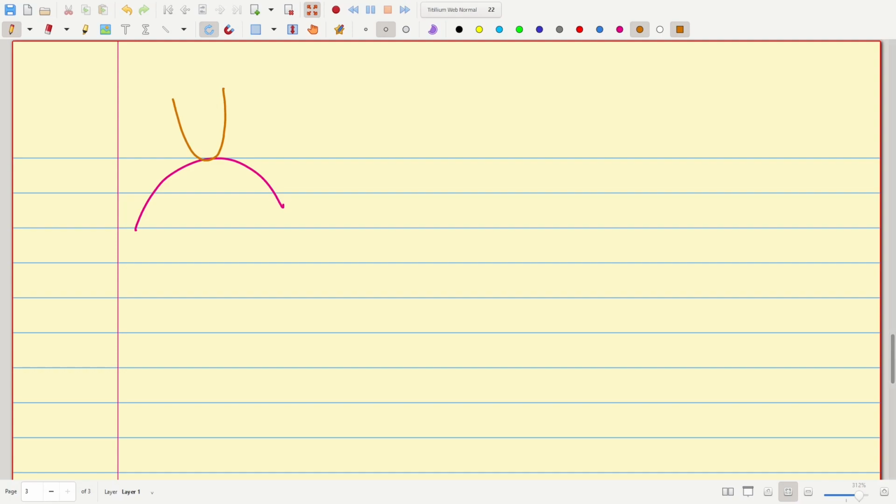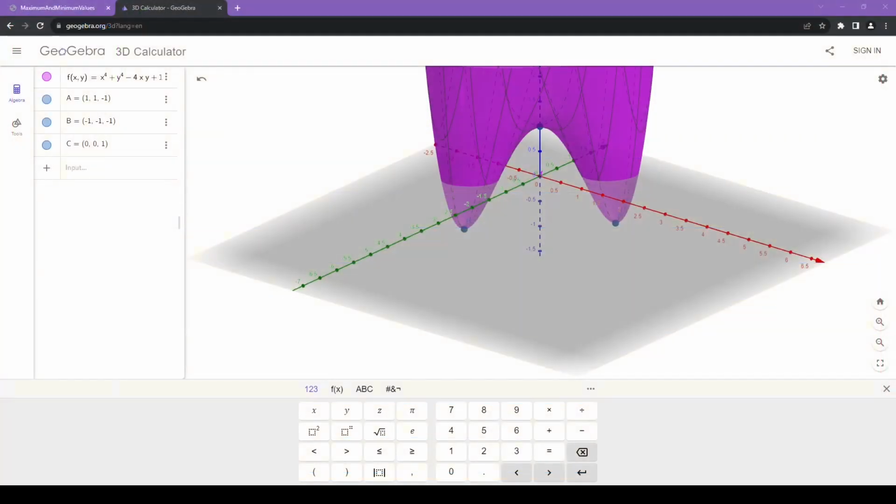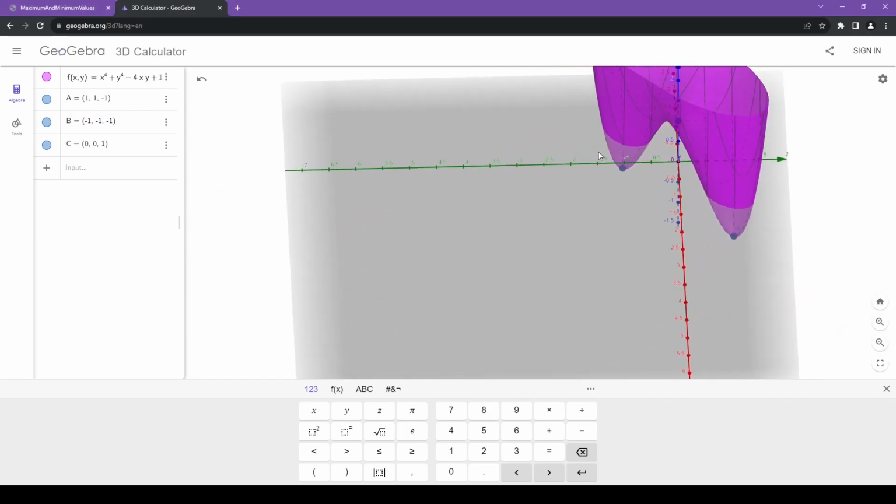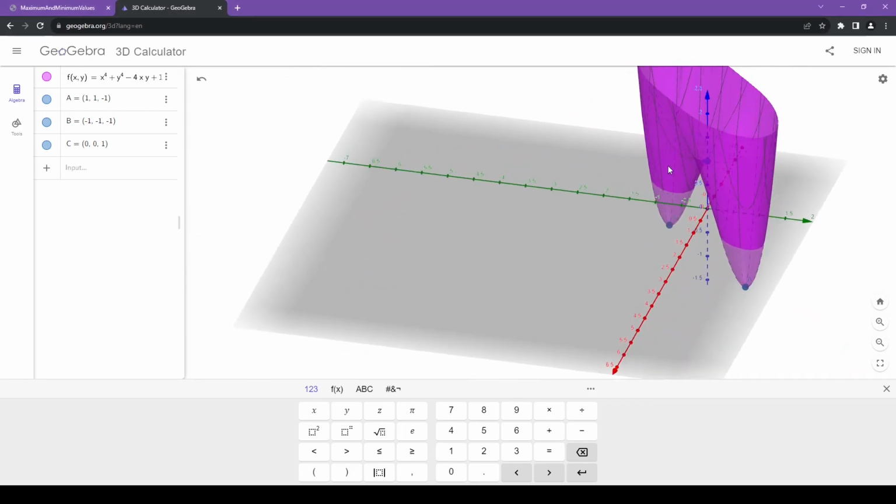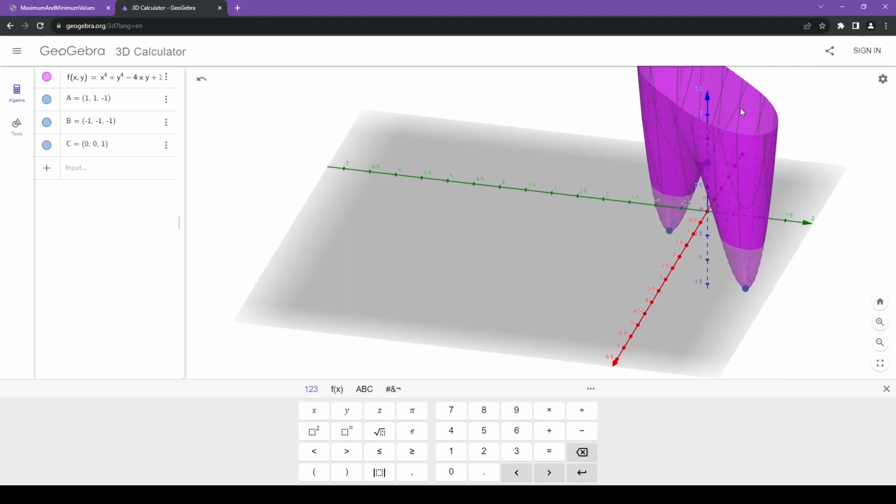Think about these curves on the cross section of the shape here. Okay, in one direction, as we move from the direction of our local mins to one another, we see that we have this shape here, right? But if I look at what the cross-section curve would look like if I go in this direction, it's a parabola that opens the other way, right?